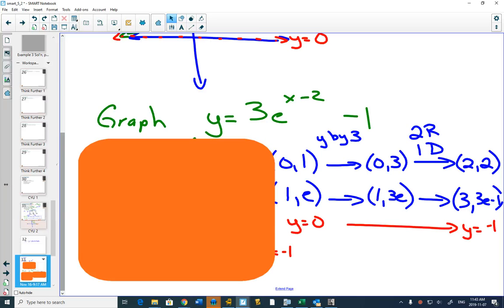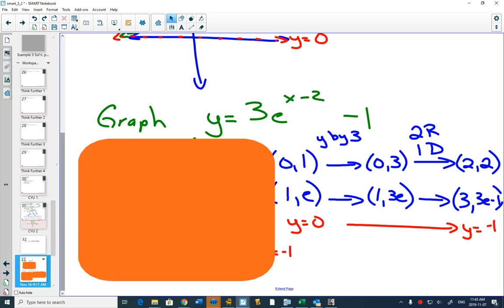Do our stretches and compressions first. Take our points from our parent graph, which are 0, 1, and 1, e. And then what happens when you multiply by 3? Well, you'd have 0, 3, and 1, e changes to 1, 3e. Nice.